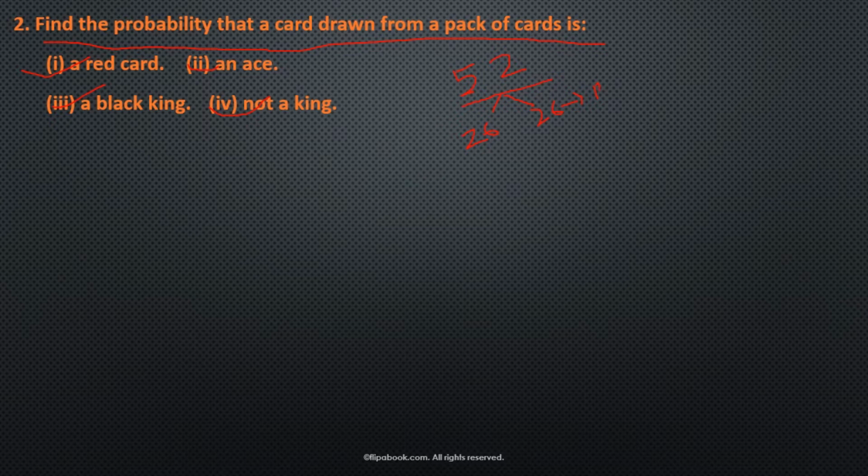The black 26 cards are again divided into 2 parts. And the red, similarly, are also divided into 2 parts. In the red category, we have diamonds and hearts. And in the black category, we have clubs and spades.